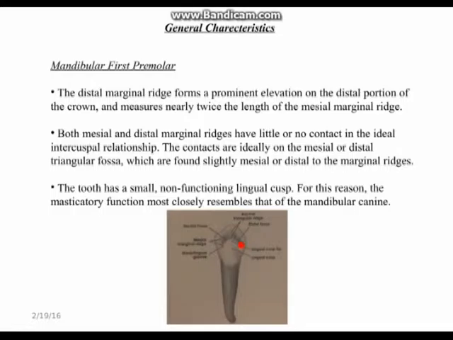This can be the cingulum, and this is the tip of the canine. So it kind of looks like it, because the lingual cusp is so small. So the canine and the mandibular first premolar have the same function. This is very important to know. Okay, just keep it in mind.